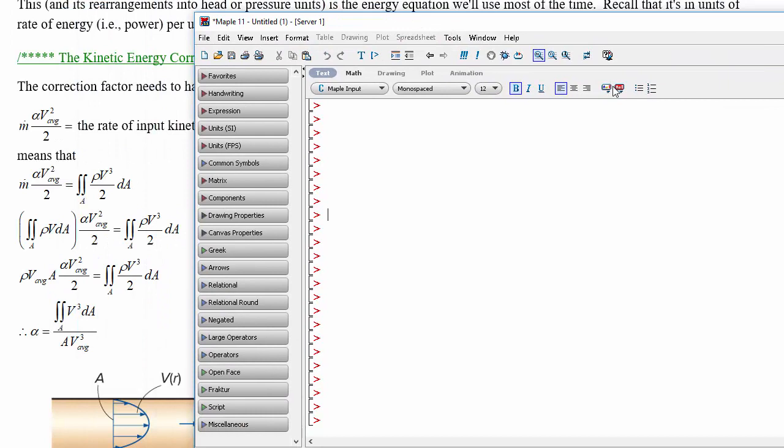To recap here, we'll start things off with Maple, or you can use whatever integration tool you like, or just do it by hand. We'll say that the velocity is equal to 2 times the average velocity multiplied by 1 minus r over big R squared. Then we'll say that alpha is equal to the integral of V cubed.